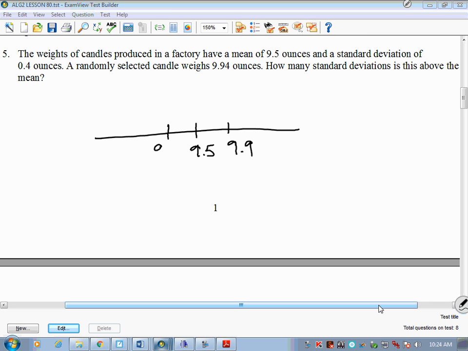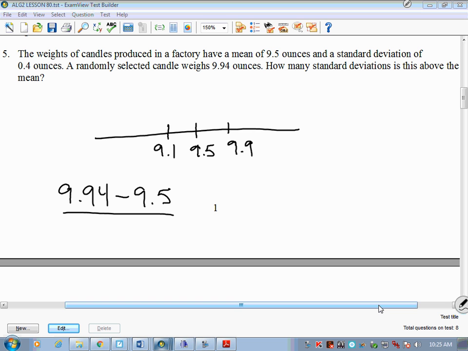Over here, 9.1. Correct? Okay. All right. So what I'm going to do is take 9.94, and we want to subtract the mean. The mean was 9.5, right?